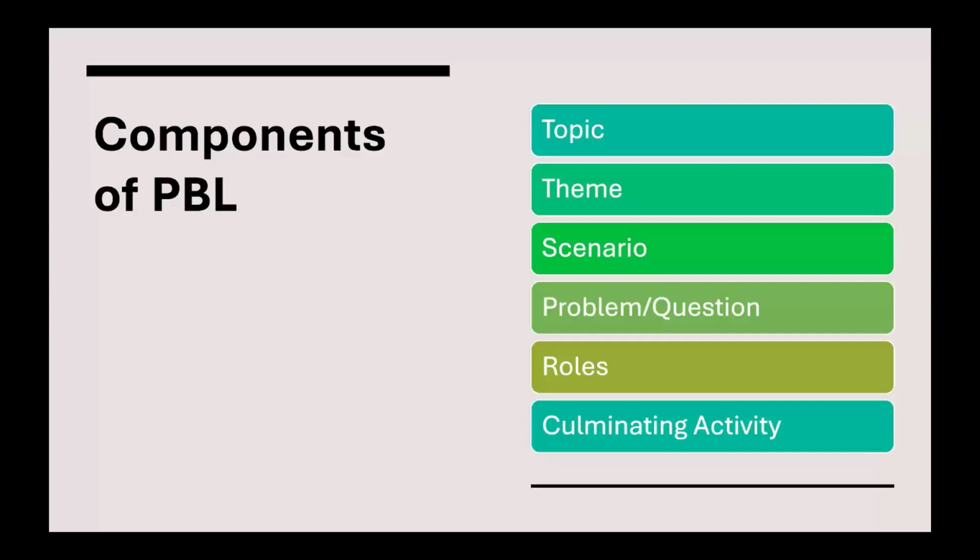So I'm going to talk about each different portion of PBL and how you would tie it in, and I'll give you some examples as well, and I'll kind of show you how I've tied in. I call it semi-PBL. Some of it was full-on PBL, some of it was like partial PBL. So just to kind of give you an idea.